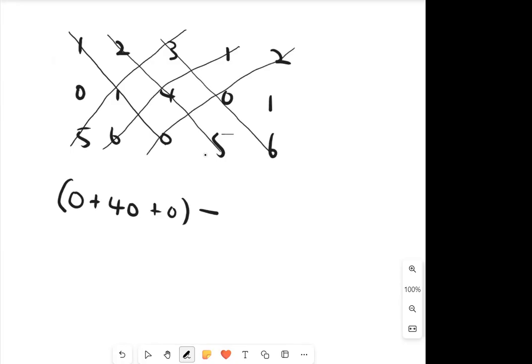So minus 5 by 1 is 5, 5 by 3 is 15, 6 by 4 by 1 is 24. The rest will turn out to be 0. And you indeed get 1 as the answer again.